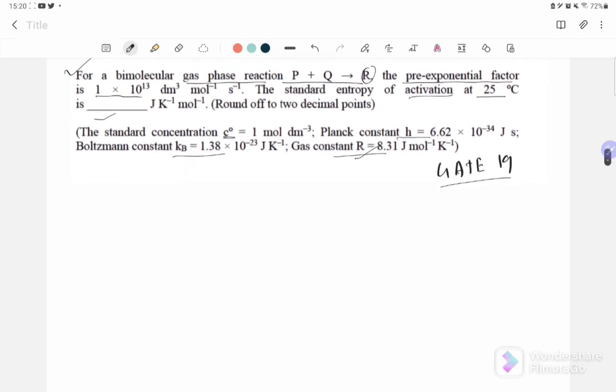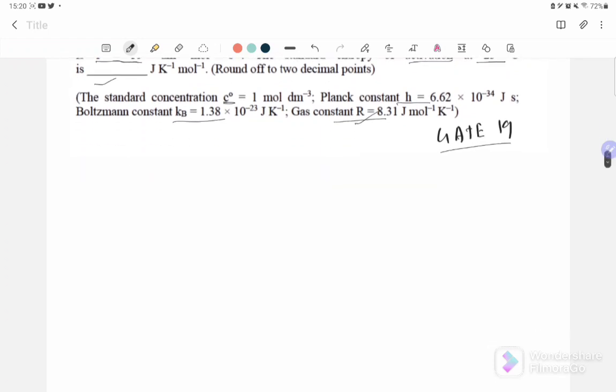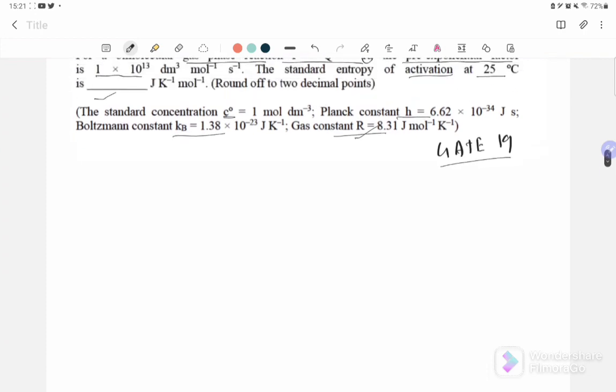A, in the Arrhenius equation, K is equal to A e to the power minus Ea by RT. So this A is the pre-exponential factor.